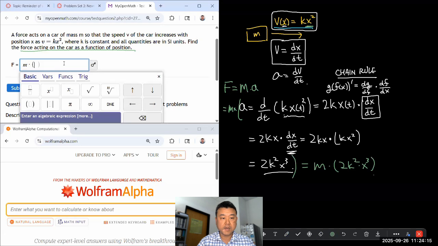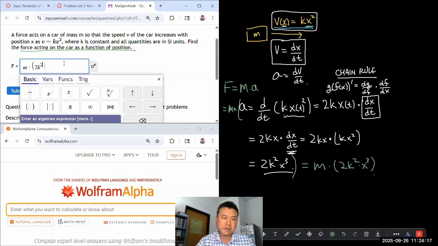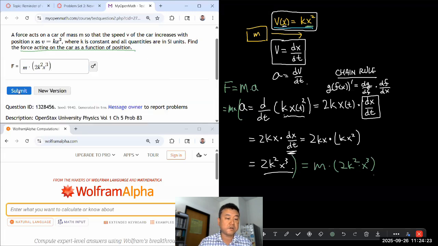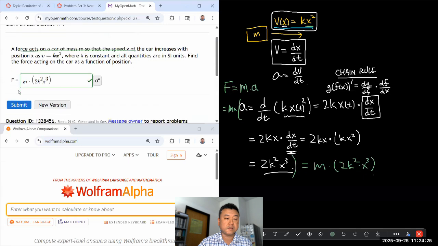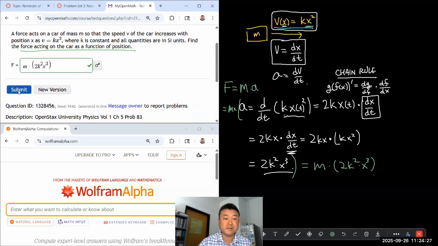So mass times 2k squared x cubed. By the way, the exact format you put it in, how you simplify or don't simplify, doesn't affect the answer. The grading system plugs in basically random numbers into these symbols, and as long as the expressions are numerically equivalent, they will get graded as correct.